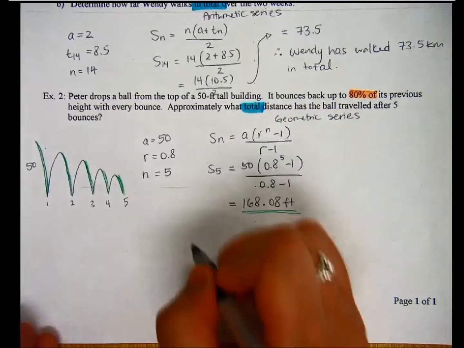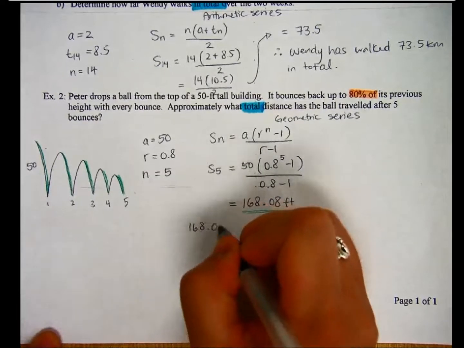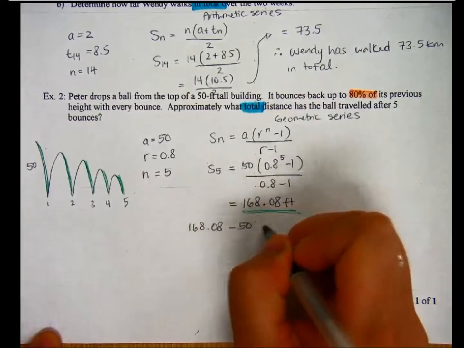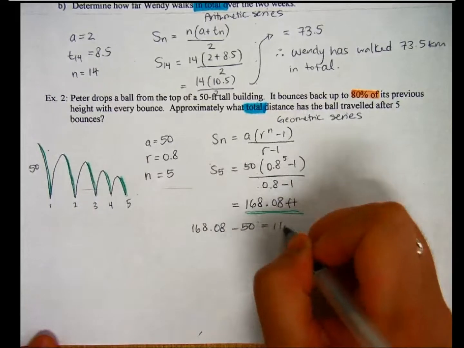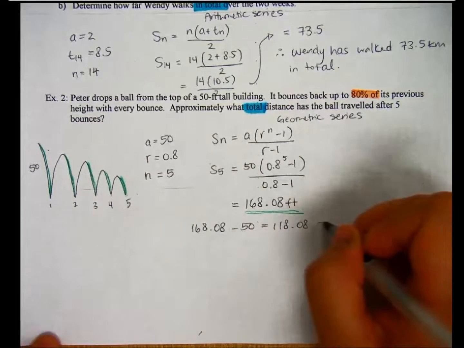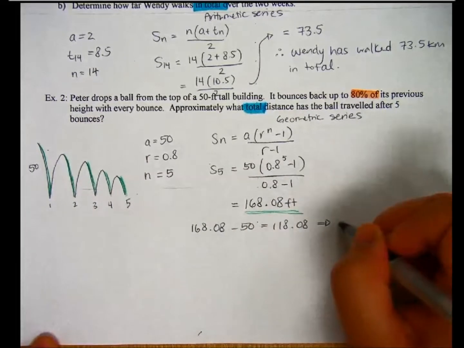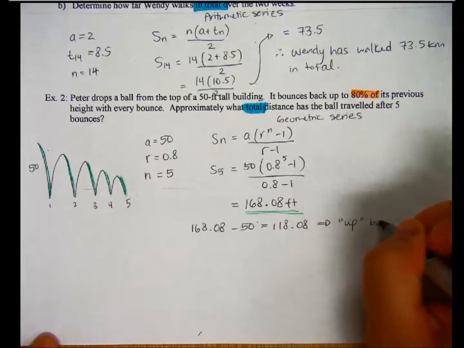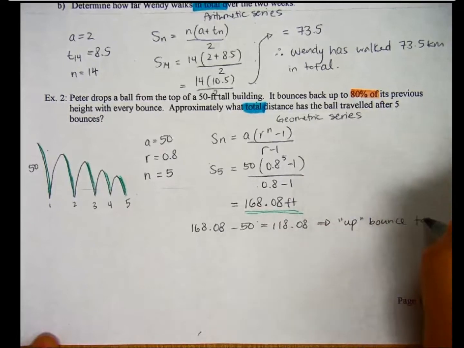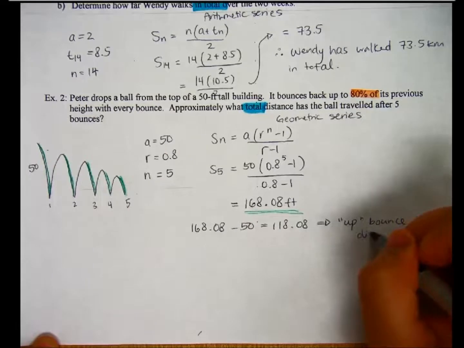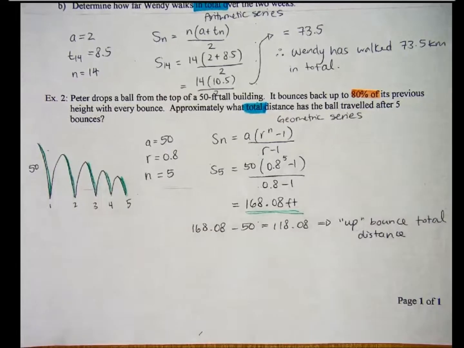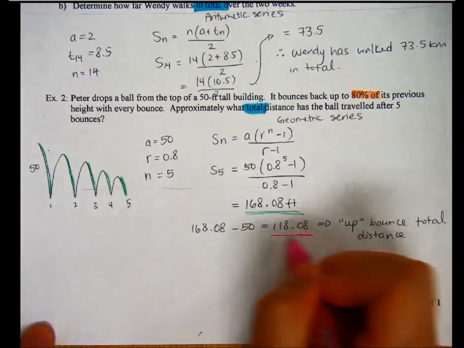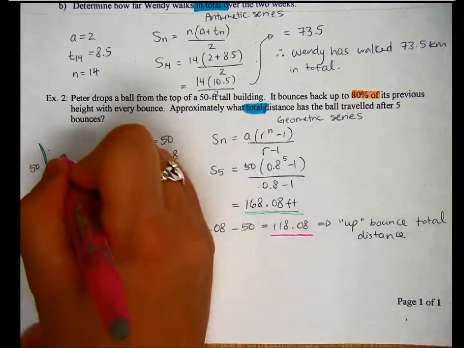Alright, I'm going to subtract 168.08 feet minus 50. So I get 118.08 feet. So this is the up bounce total distance traveled. I'm going to highlight that in pink. My pink pen is working.